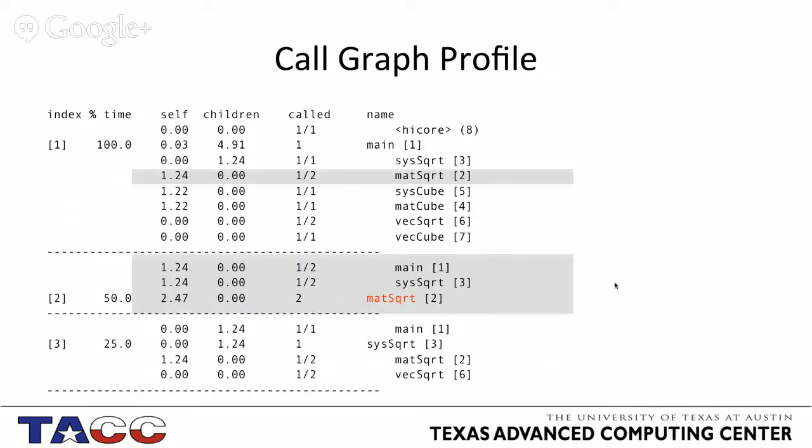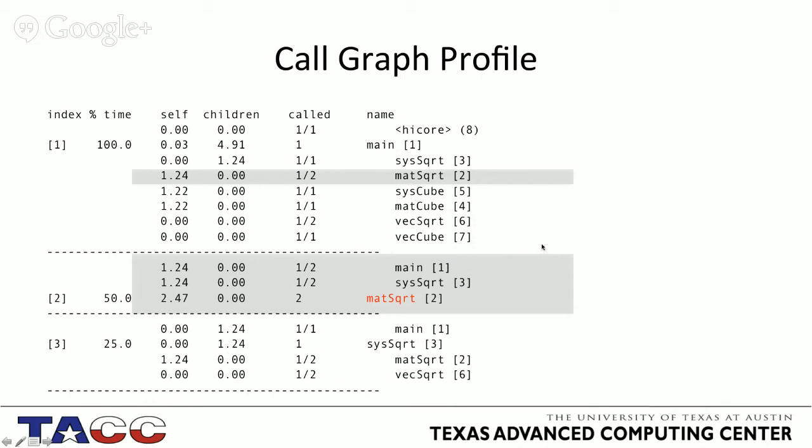Now, if we go back to the call graph profile, and we select, for example, this mat square root, which has index number 2, we know that we have to go to the block with index number 2 here, and that will give us additional information about the execution. And when we look at this, we see this function is being called by these 2 guys on top, like main and sys square root.